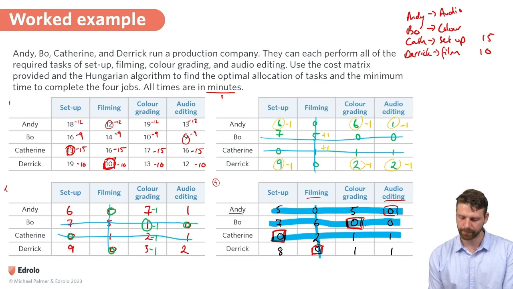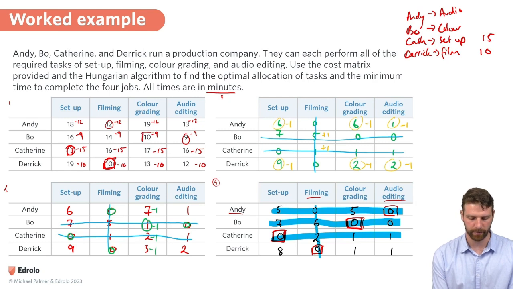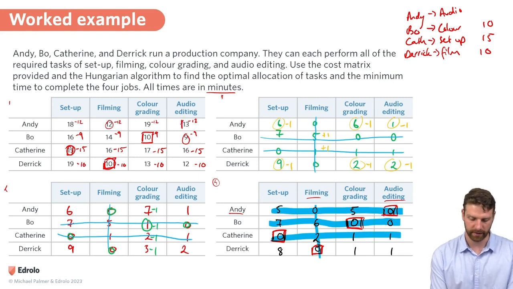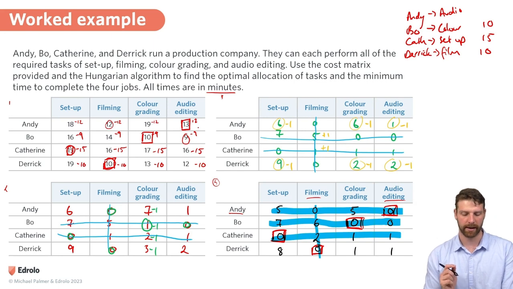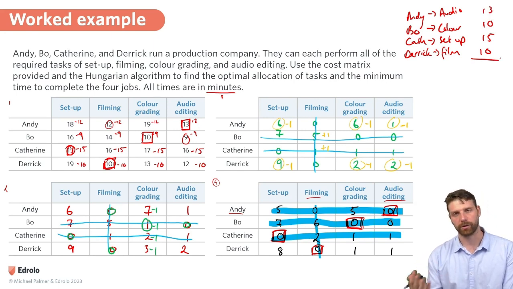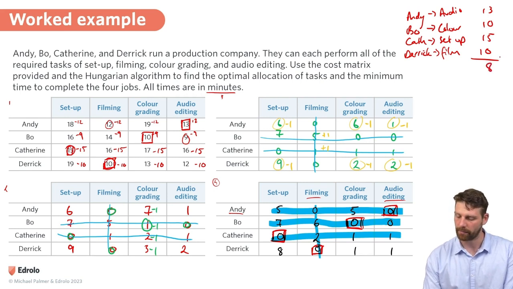Bo is doing color grading, and his position is here. He takes 10 minutes to do color grading, and Andy is doing audio, and that position is here in the first matrix or table, and that's 13. So they're all the individual times it takes for those people to do those tasks, and if we add them up, then I think we get a total of 48 minutes to complete all of them together.